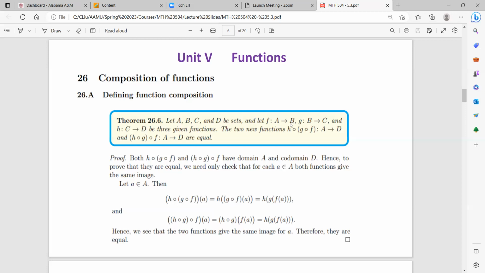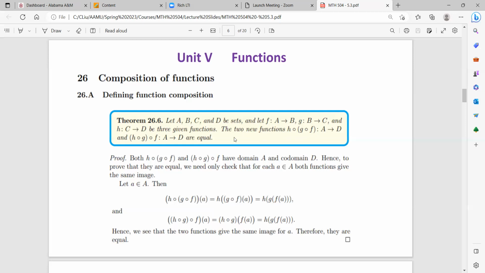So obviously, you can make a composition of G with F and H with G, and also H with G compose F. If you check the domain and the codomains, the codomain of F and domain of G are the same, so you can compose G with F, and the codomain of G is the same as domain of H, so you can compose H with G, and so on.